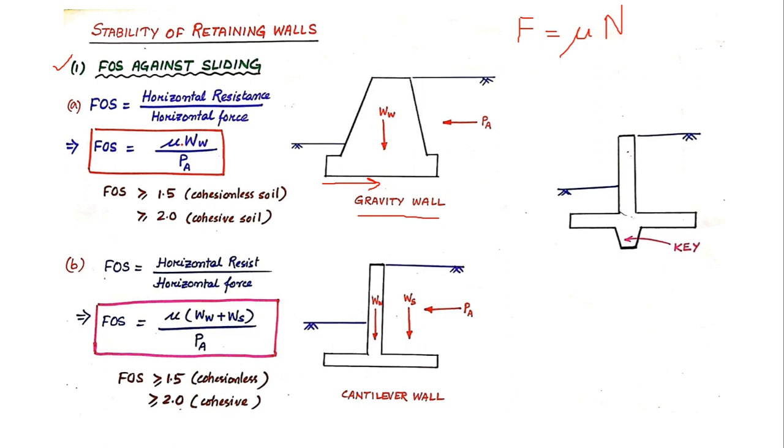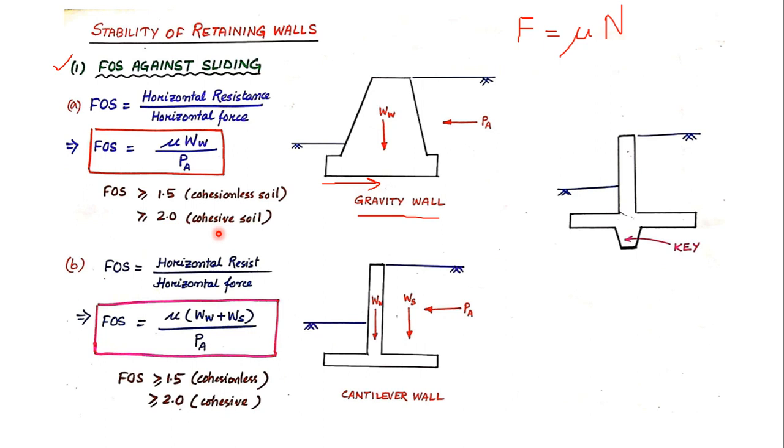In our case, mu is the coefficient of friction, and the normal load is the weight of the wall that is acting downwards. So frictional resistance will be mu into WW. So the overall factor of safety is somewhat of this term. Factor of safety for sliding should always be greater than 1.5 if the soil is cohesionless, and it should always be greater than 2 when the soil is cohesive.